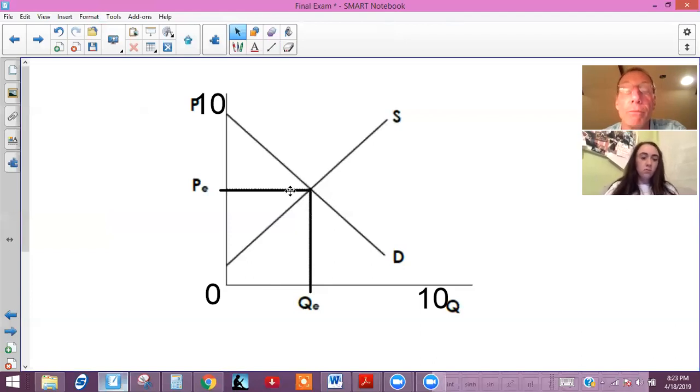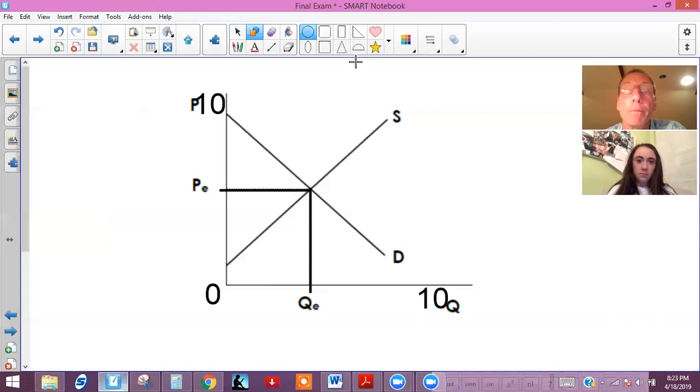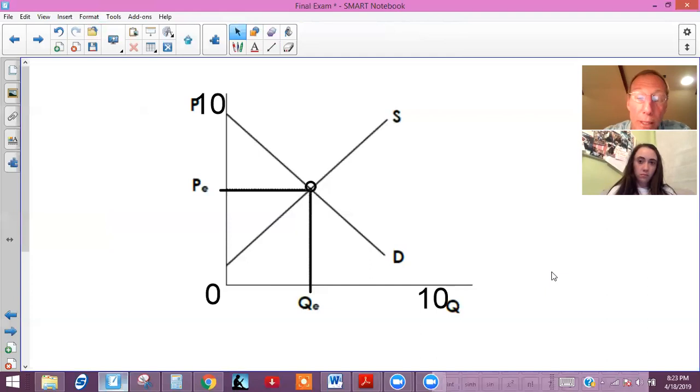So if we move just a little bit right in here, then the percentage change in price and quantity are going to be about the same, assuming that this is 5, and this right here is 5.